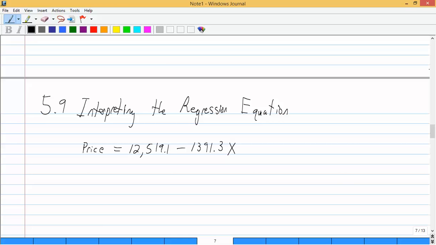Now the slope in this problem, that's our b sub 1.